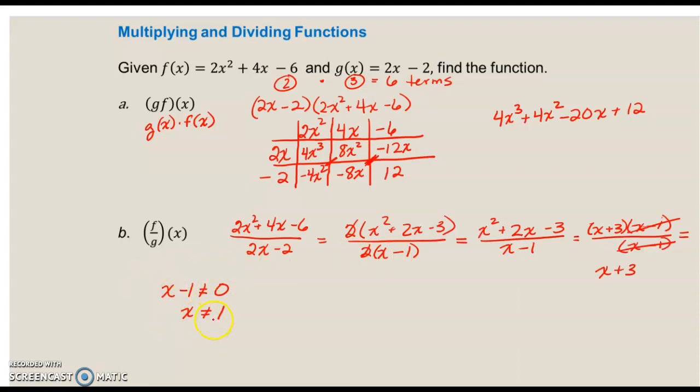You still have to have x cannot equal 1. That is part of a discontinuity. It's called a removable discontinuity because it does get removed, but it is a discontinuity, and you need to make sure you pay attention to that.